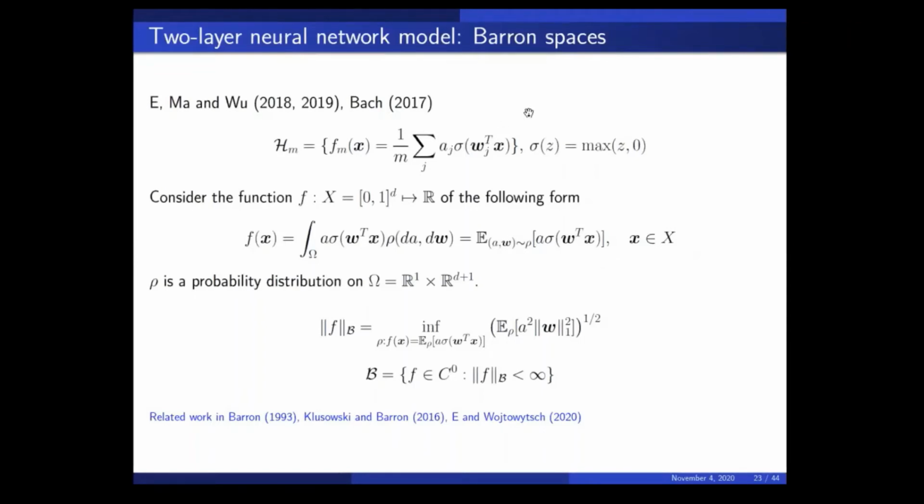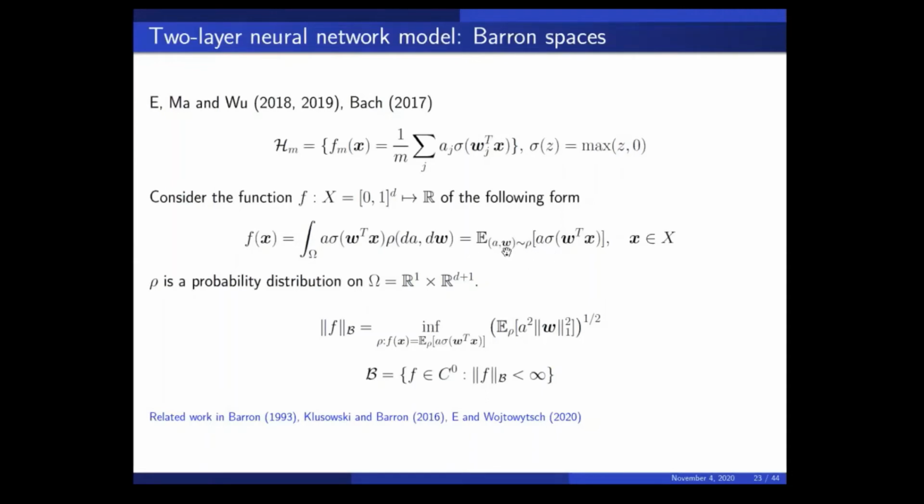In order to do that, we need to restrict our attention to functions f which admit this kind of representation. This representation is nothing but the continuous form of this, if you think about it, where rho is the probability distribution. Again, if you have a function of this form, that function can be expressed as an expectation.